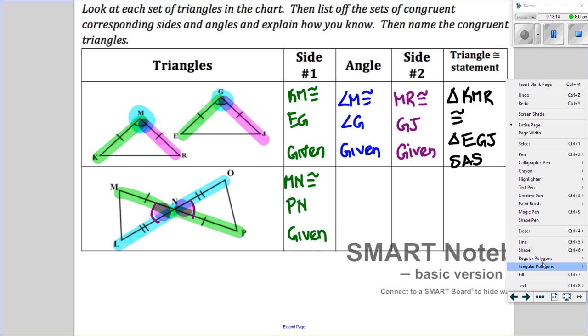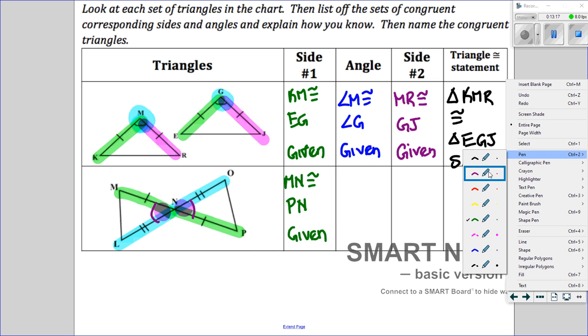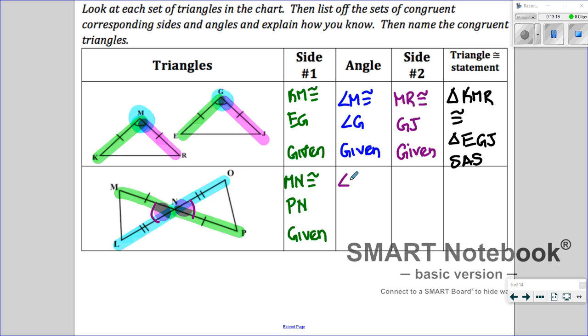Then we have the angle that we found, which is angle MNL congruent to angle PNO, and the reason is the definition of vertical angles. So that's all you have to write. You don't need to write, oh, vertical angles are congruent. Just put definition of vertical angles.